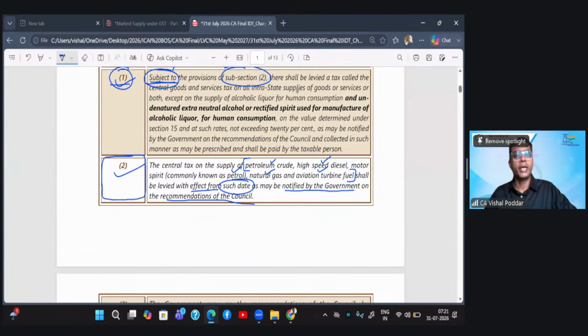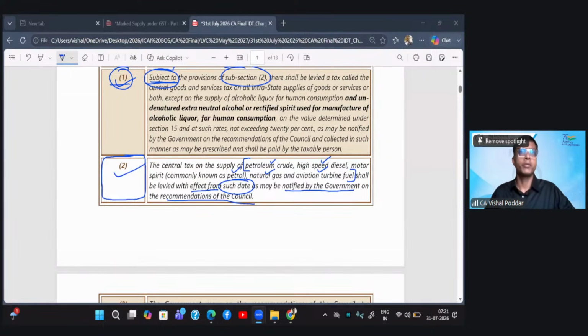Now, you should know that the gas which comes to us, which we are using at our homes, is chargeable to GST. Correct? Why? Because the gas which comes to us is not natural gas. It is LPG. Similarly, the gas which is used to drive many vehicles is CNG.